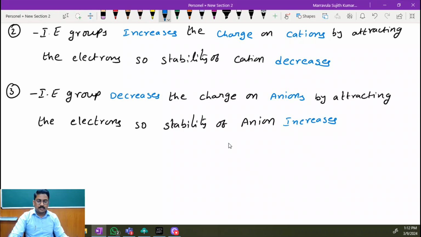So we can say that carbocation or cation stability is inversely proportional to minus IE, and carbanion or anion stability is directly proportional to the minus IE group.